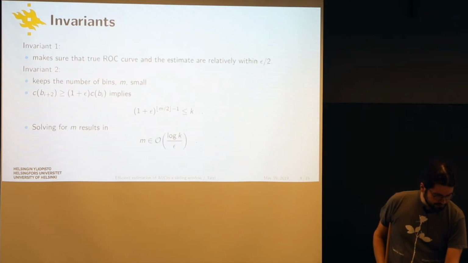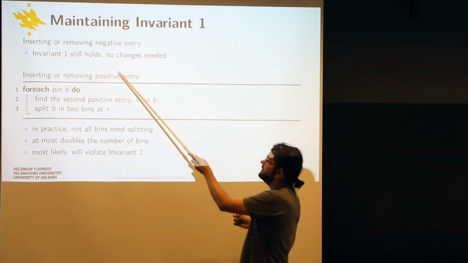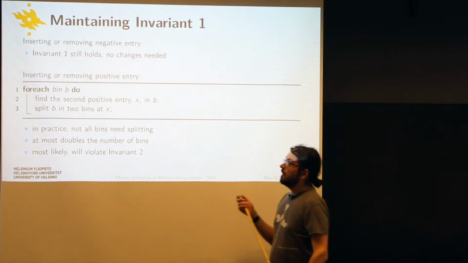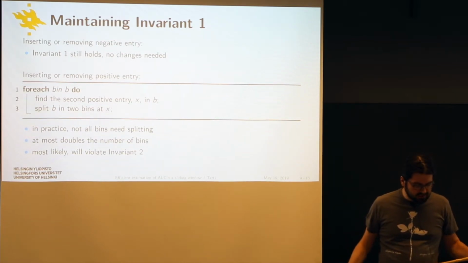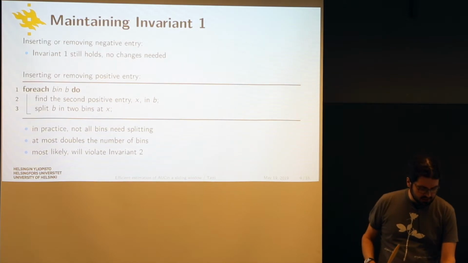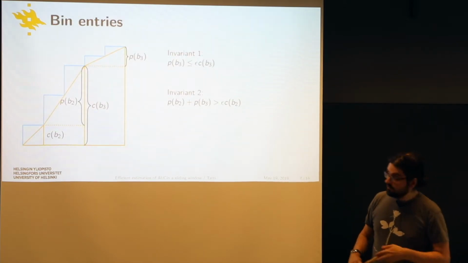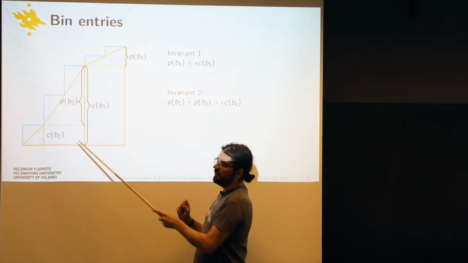So invariant number 1. Okay, so the first case is when you are inserting or removing a negative entry. You don't really need to do that much. You have to do some internal updates, but actually not that much because when a negative entry leaves, you are only changing the x-axis.